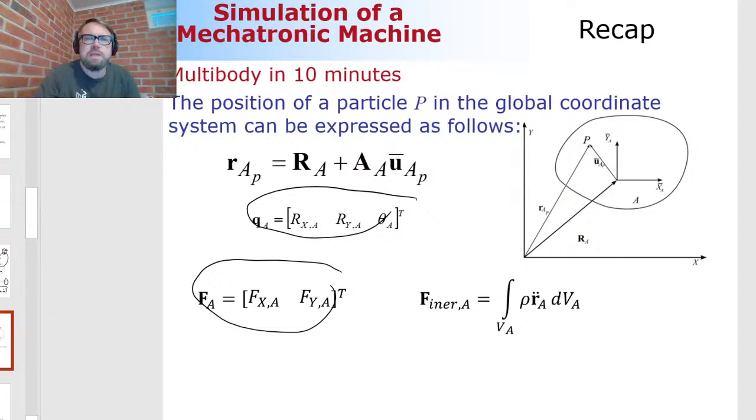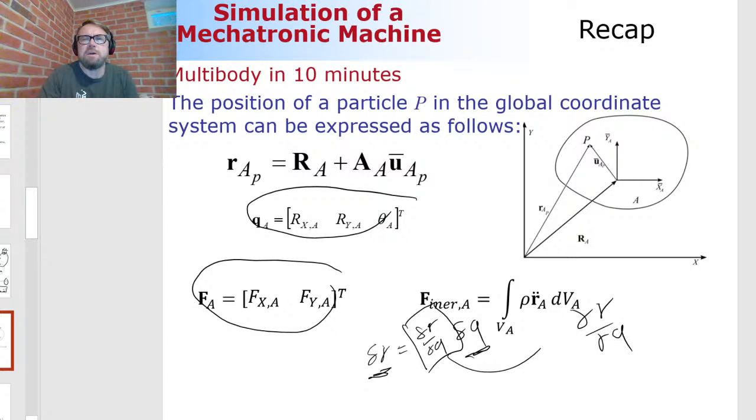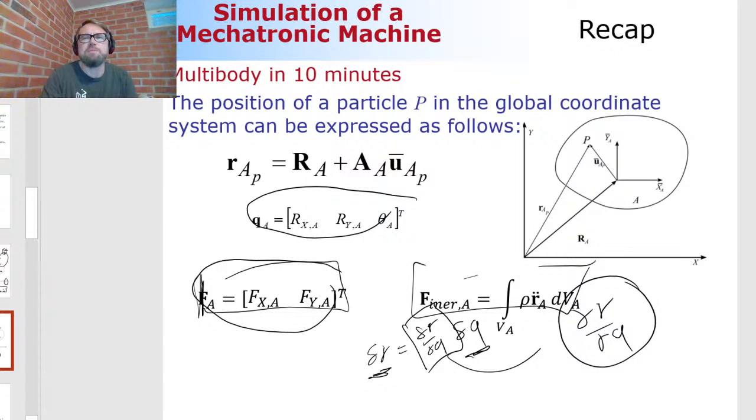And in virtual displacement, you find the relation between R and Q. This is global coordinates, this is generalized coordinates, and the relation is this matrix here, which, writing that with a better font, is partial R, partial Q. This is your mapping matrix that converts externally applied forces and inertial forces to be expressed by using generalized coordinates. These ones are telling you how is a system configuration at any given time.